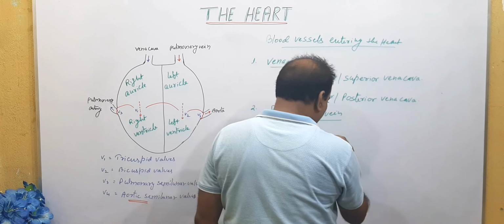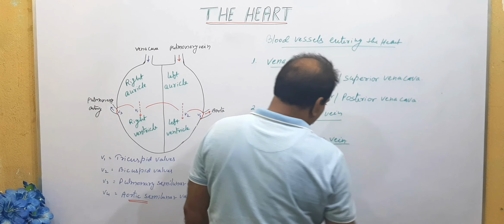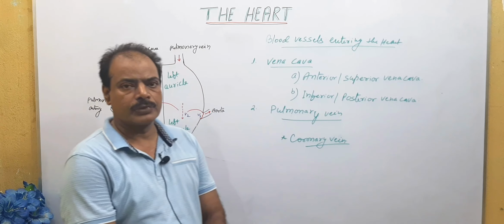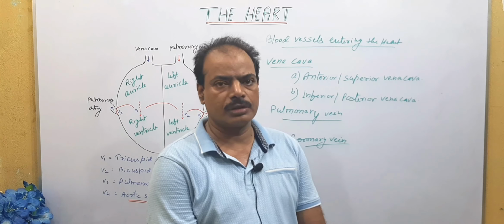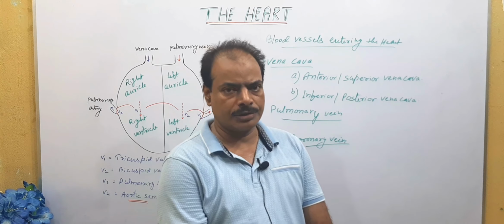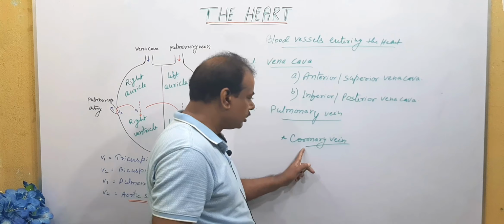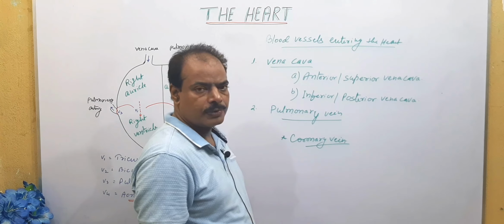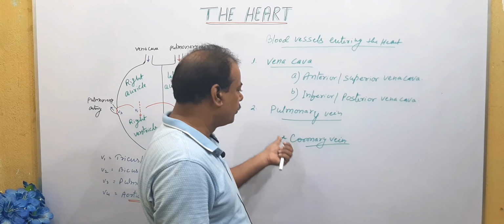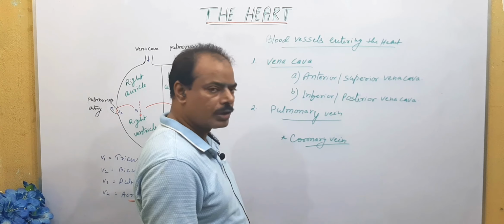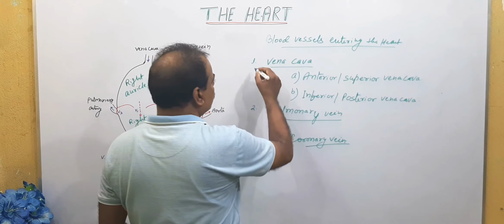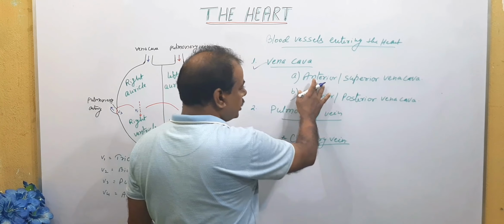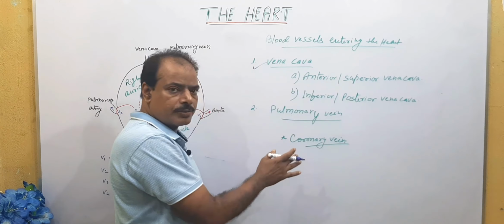Here, coronary vein also collects deoxygenated blood from the cardiac muscles present on the septa of heart chambers, and this deoxygenated type of blood is carried and poured in the right auricle. So here these are the vena cava which carries deoxygenated blood and poured in the right auricle.